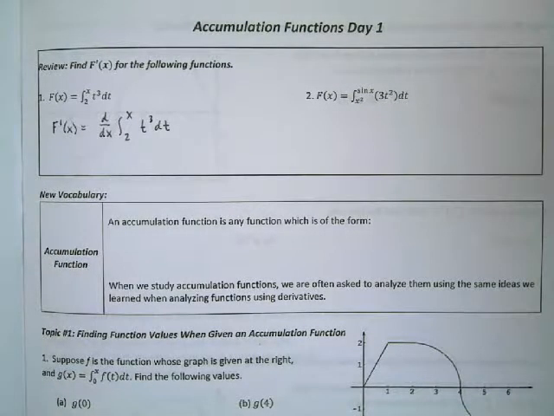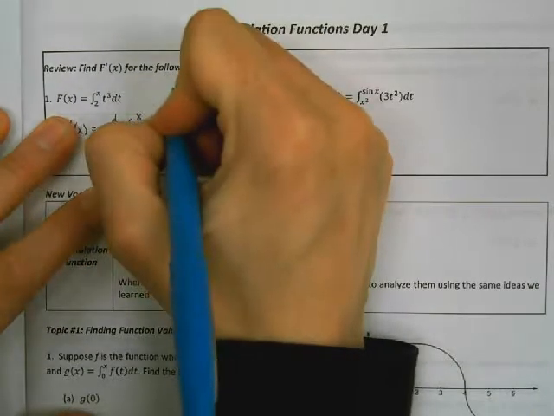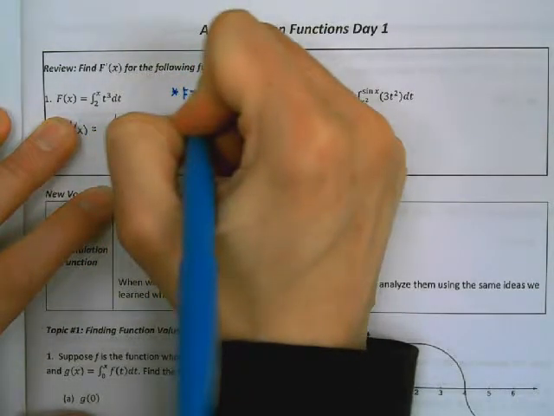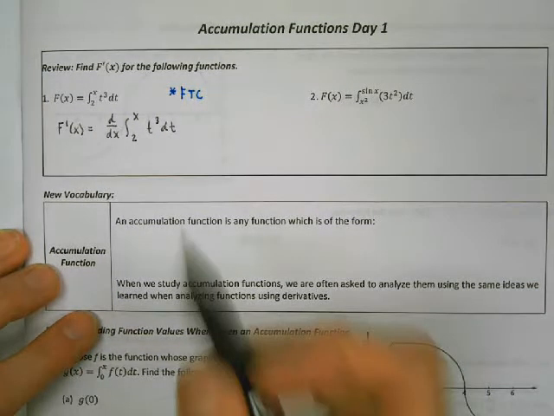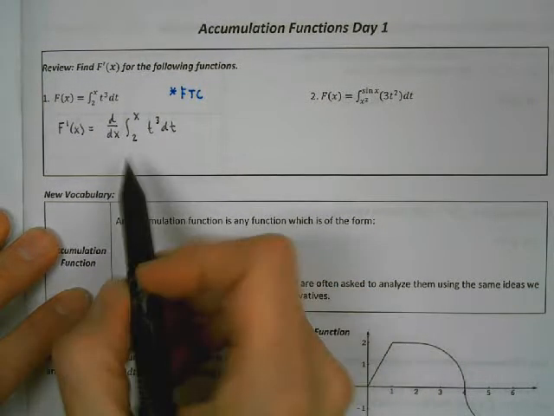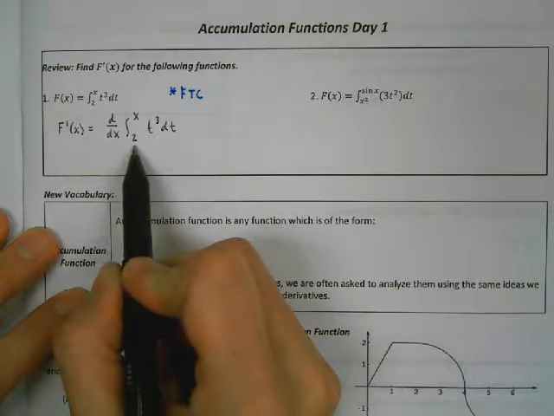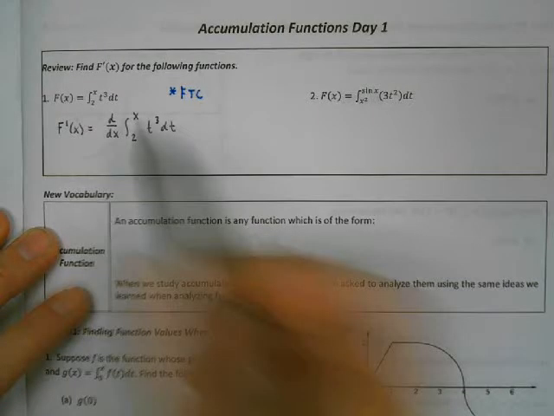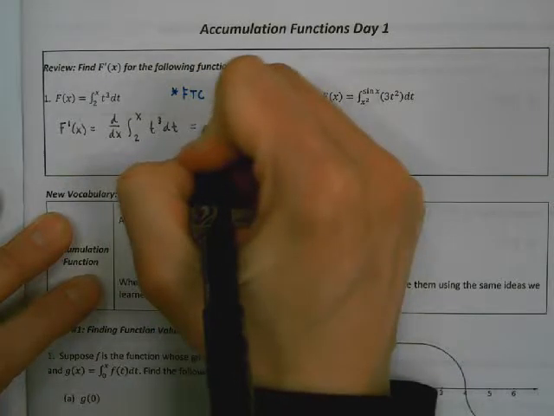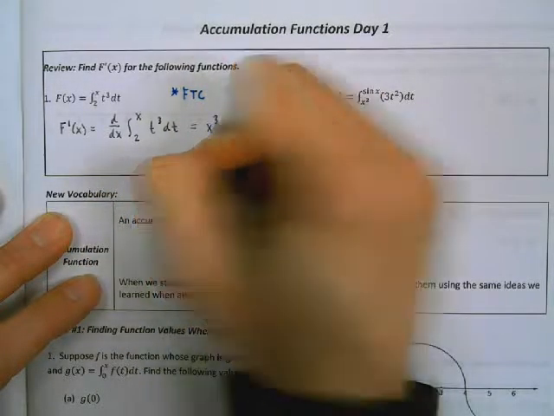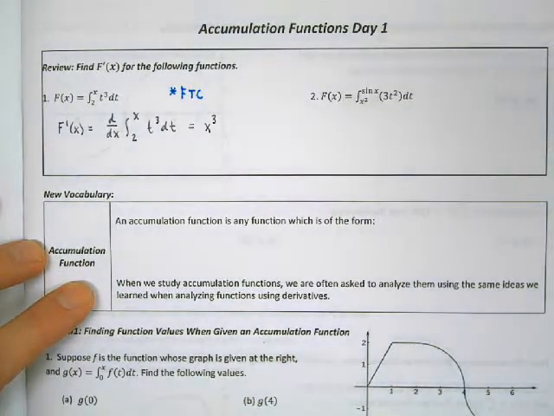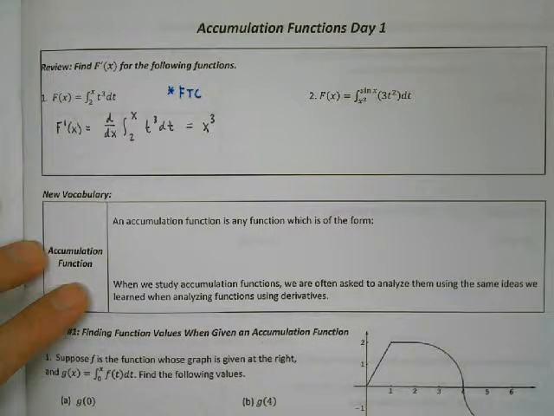And so hopefully when we see this, we should all realize this is just our fundamental theorem here. Right? The idea being that differentiating and integrating are inverse processes. So as long as my lower limit is constant, here my upper limit is just x, so it makes it a nice and easy problem. I'm just going to substitute x for my variable, and my derivative is x cubed.